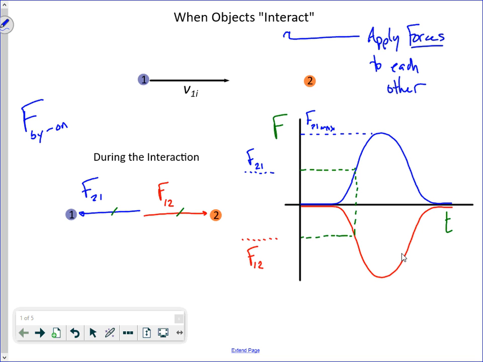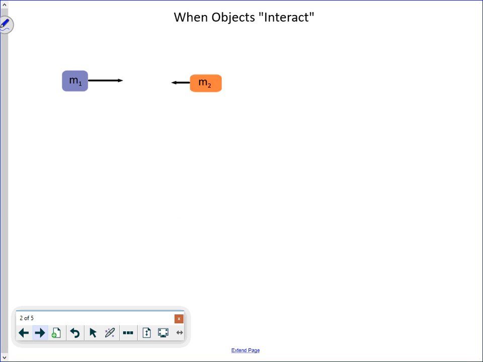It occurs over some measurable time interval. Whether it's big or small, it's something. All right, so what does that mean? How can we further develop this when we talk about objects interacting? Well, let's take these two objects, M1 and M2. Well, here's what we said.